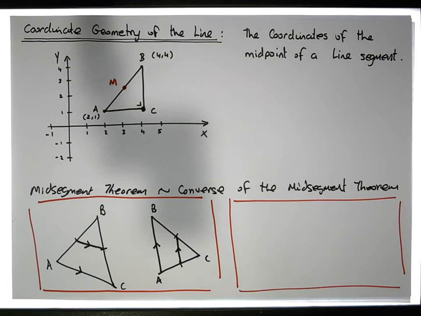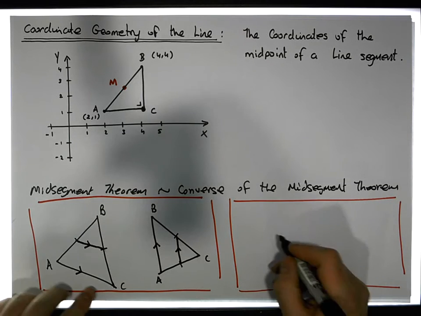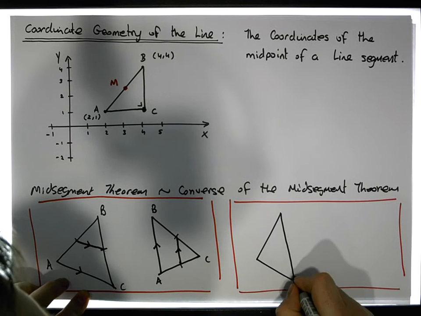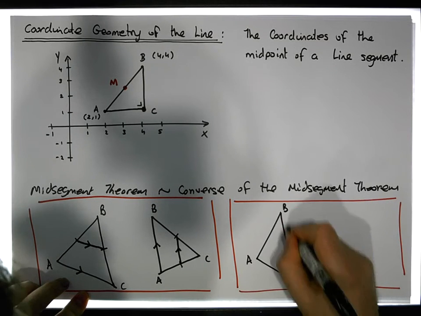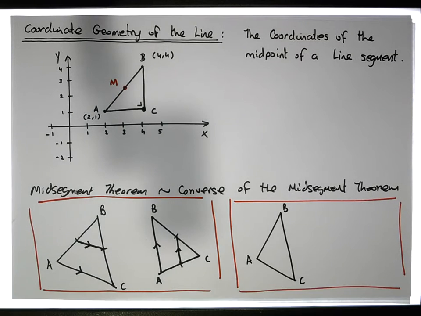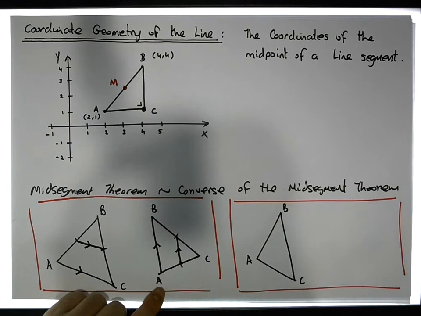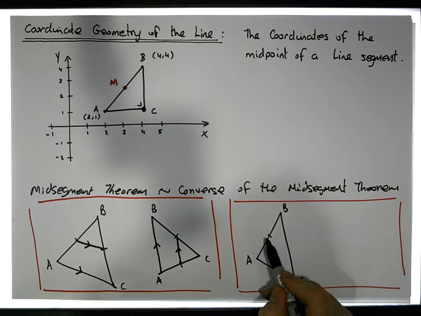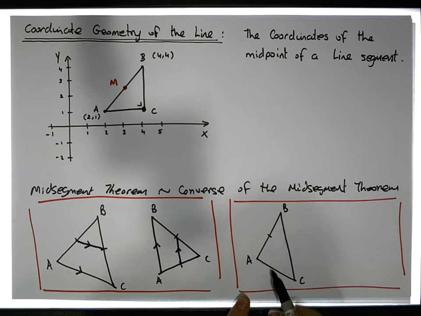So what the converse says is that a straight line drawn through the midpoint of one side of a triangle parallel to another. So let's draw a triangle. Here we go. Here's a triangle, A, B, C. So it says a straight line drawn through the midpoint of one side of a triangle. Let's say here's the one side. So a straight line drawn through this midpoint, parallel to any other side.